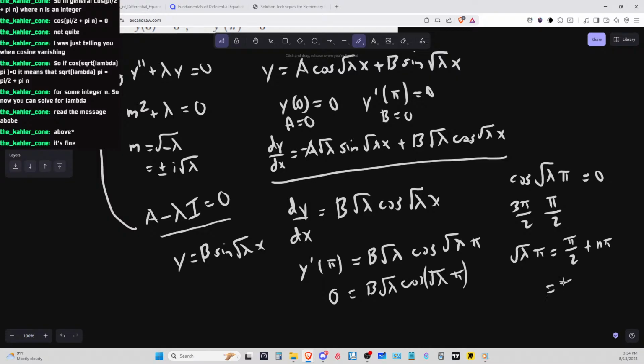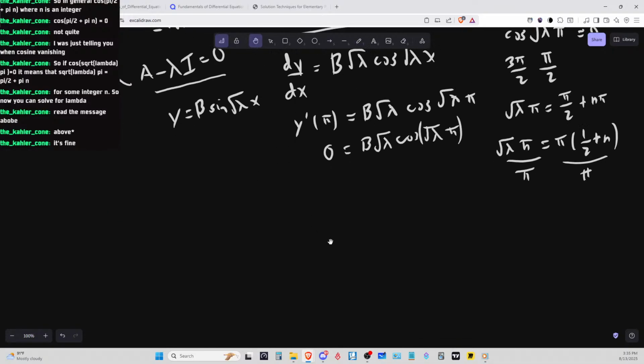So then we can factor out pi, 1 plus n, and then we can divide it into, there we go. Dang, I hate it when I run out of space. So then we'll just move it over here.